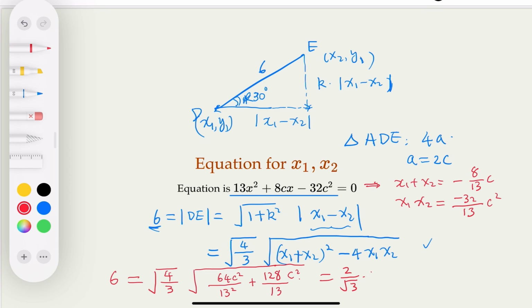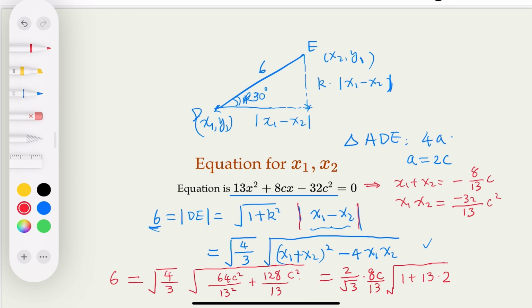It becomes 8c, and we take the positive value because this is an absolute value. Then times the square root of, you take 13 out, and what you get is 64 c squared, this is 1, plus you want 13 squared here. You want 13 times 128, which is 64 times 2, so you need to have 2 here.